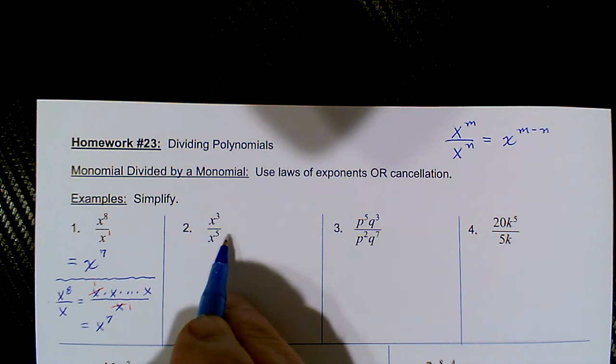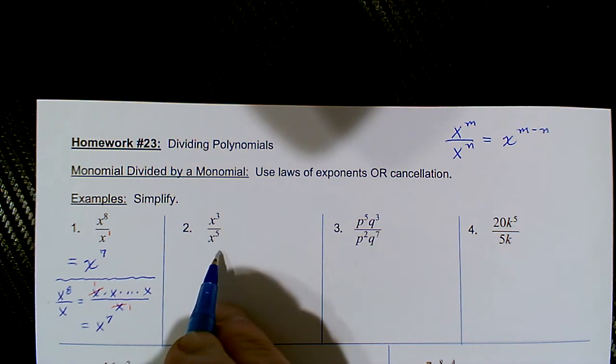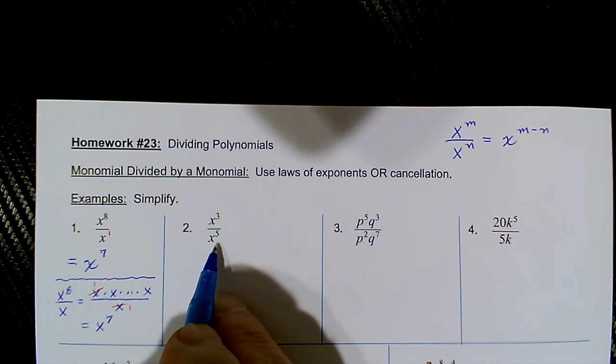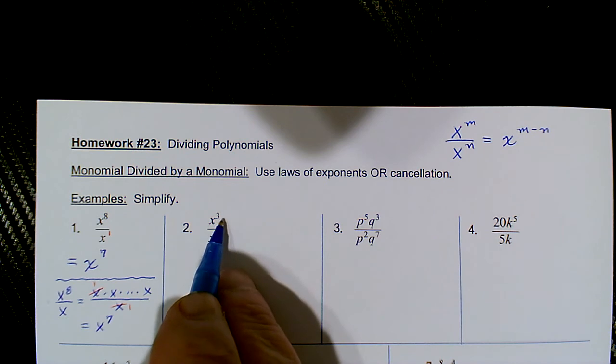Now that's helpful, the cancellation concept, when you're dealing with a ratio of two powers that have a common base, and the exponent on the variable in the denominator is greater than the exponent on the variable in the numerator.